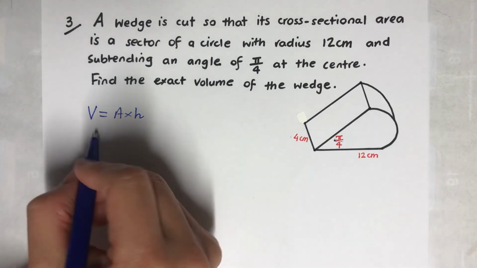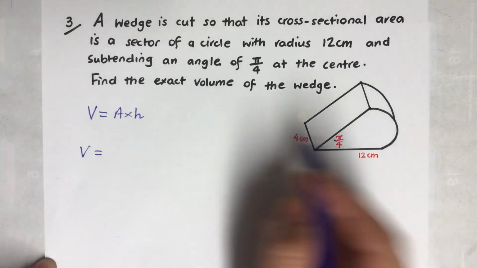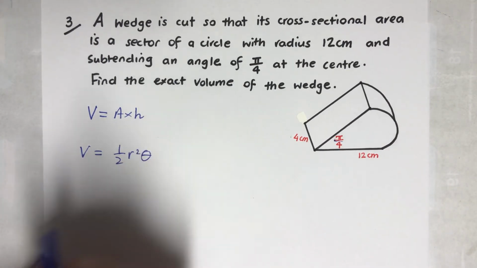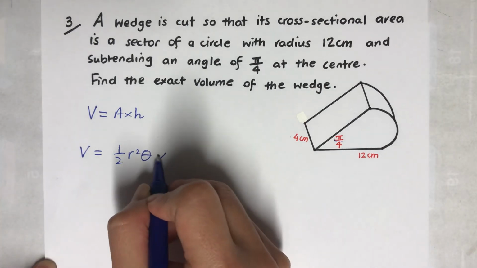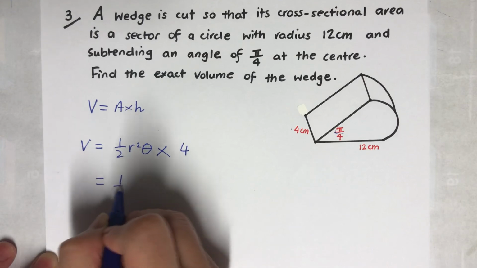So if I could just find area of base, which is the sector, half times r squared times the theta, and then times by the height, which is 4. This question is rather quite easy.